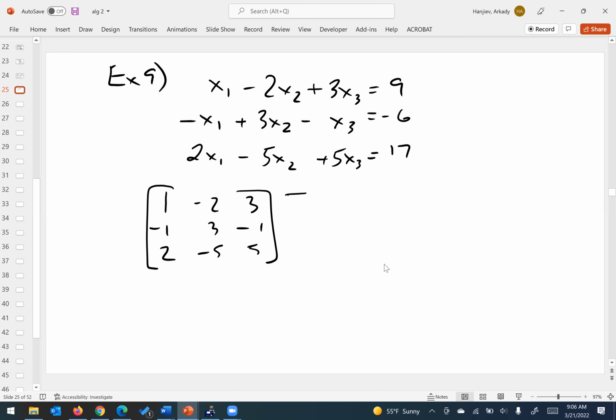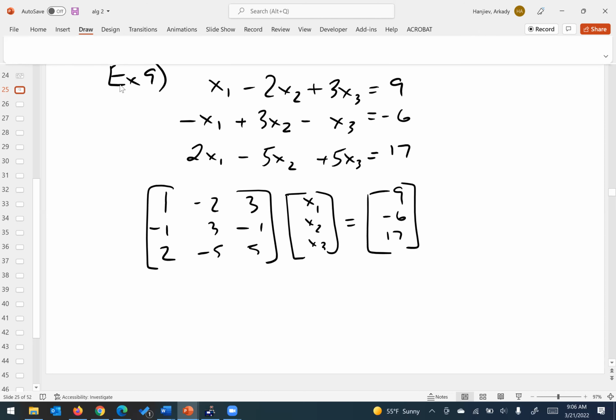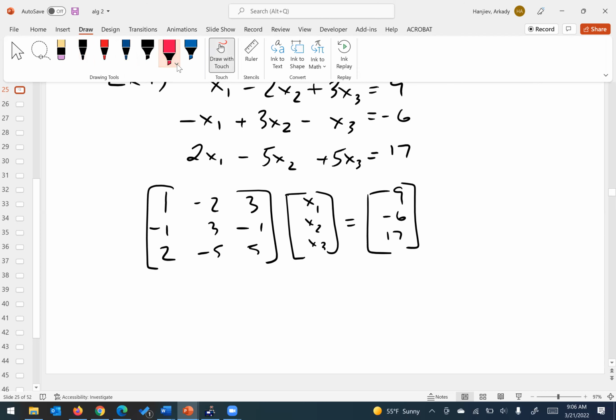And then tell me if this will make sense. Is this the same thing as this? Is that true? Remember when we do matrix multiplication, it is the row operation. Let me draw it out here with the markers.